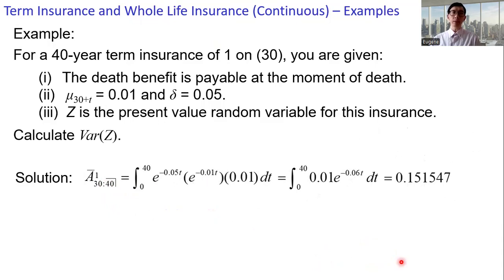Next, we do the second moment. The integral from t equals 0 to t equals 40, and then the square of the present value of the death benefit, 1 squared times e to the power minus 2 delta t. And we have the same expression for t p 30.